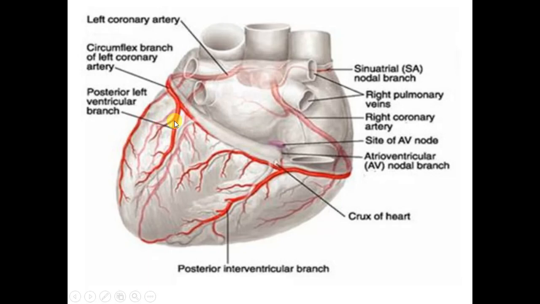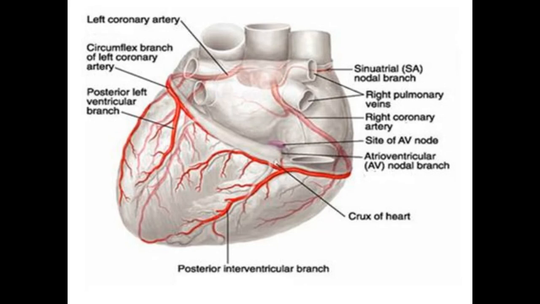Then here is the posterior left ventricular branch, a big branch. Then it terminates by anastomosing at the crux of the heart with the right coronary artery.